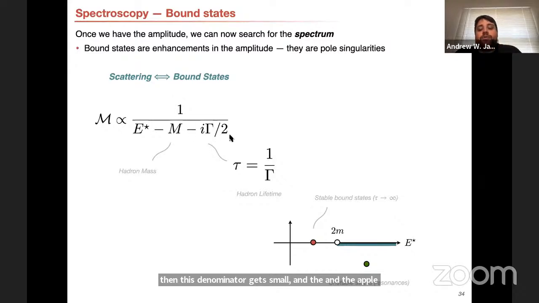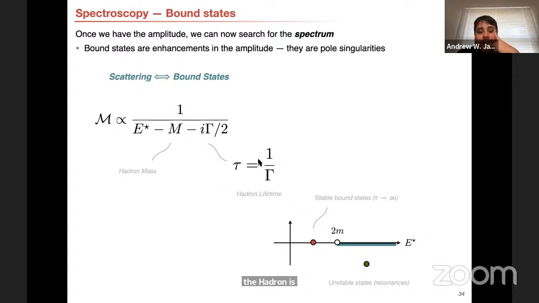You have two parameters here governing the pole, the hadron mass and the hadron decay width, which is related to the hadron lifetime just by taking the reciprocal. Now, here again is a cartoon of this energy plane. If the hadron is stable, then its lifetime is infinity.